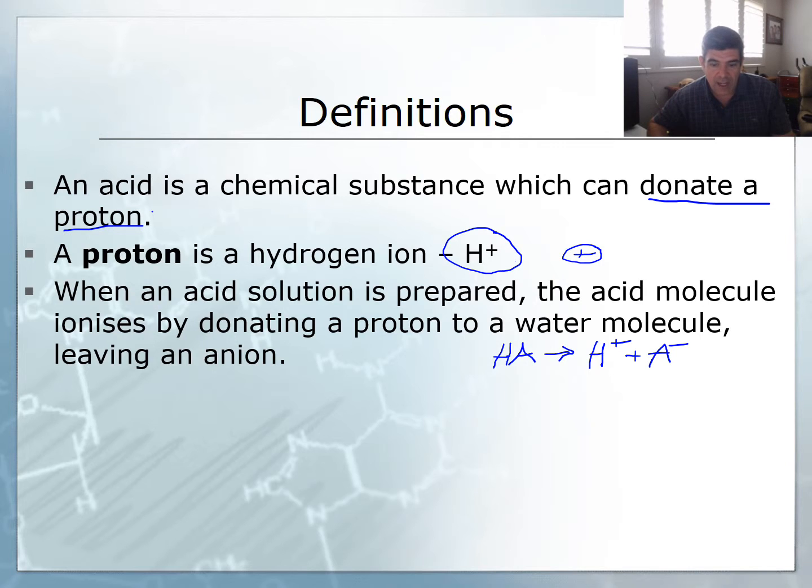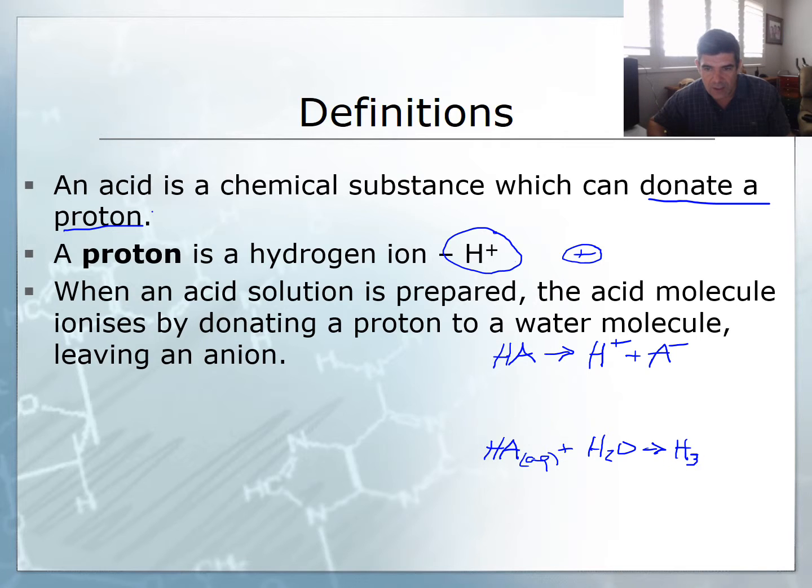So when we look at how this reaction works specifically in relation to a water molecule, in terms of its proton donation, HA in aqueous solution plus H2O. I'll leave the subscripts out at the moment because I can't write them particularly well.